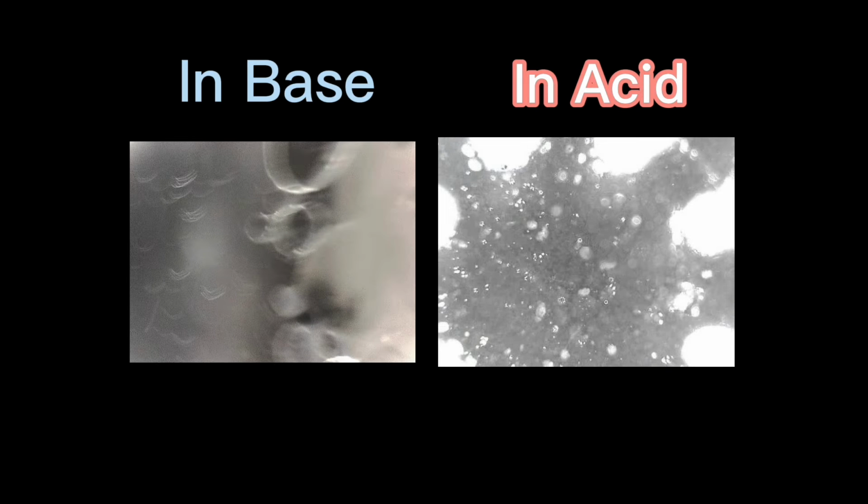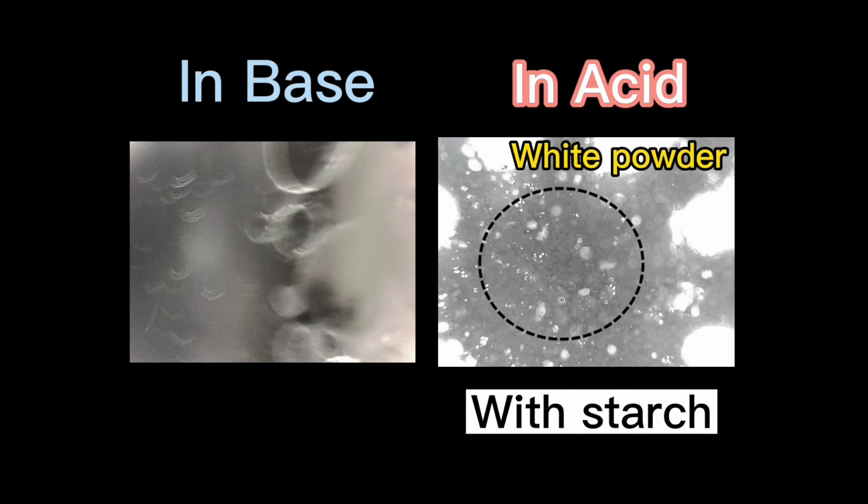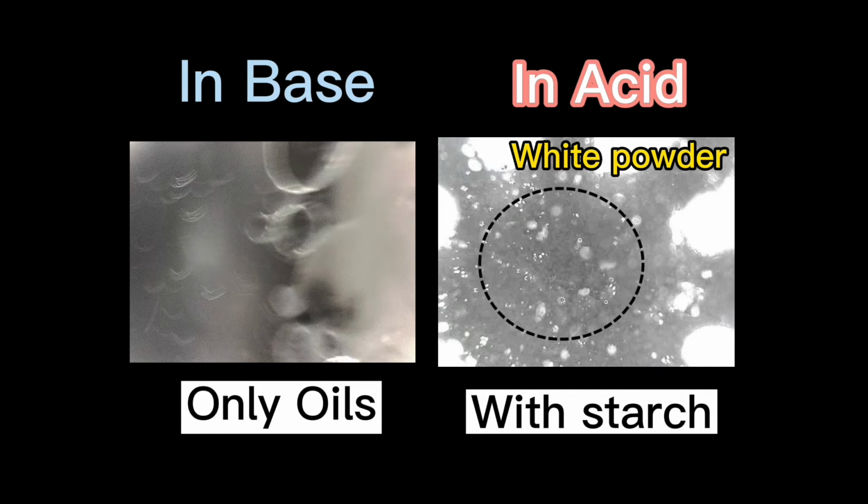From the magnified images, in the acidic solution, many white powders could be seen, which means that the starch of the fries has been decomposed, but only oil was observed in the alkaline solution.